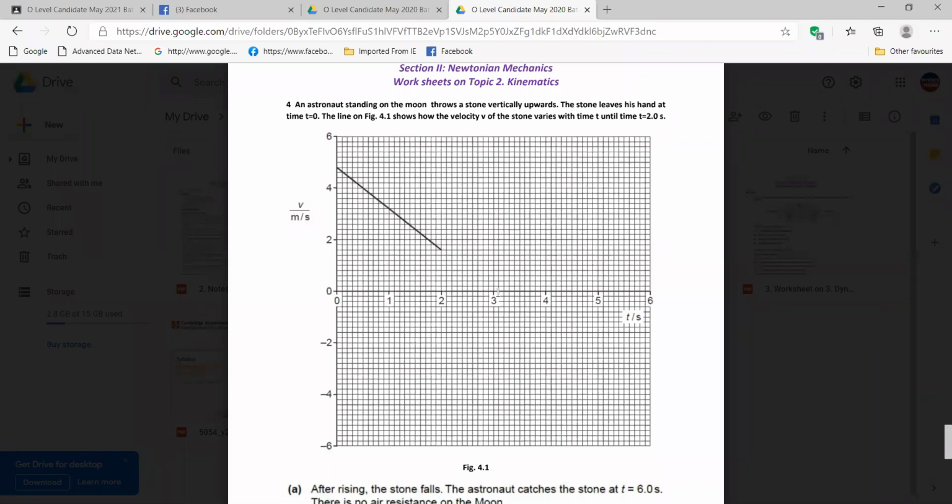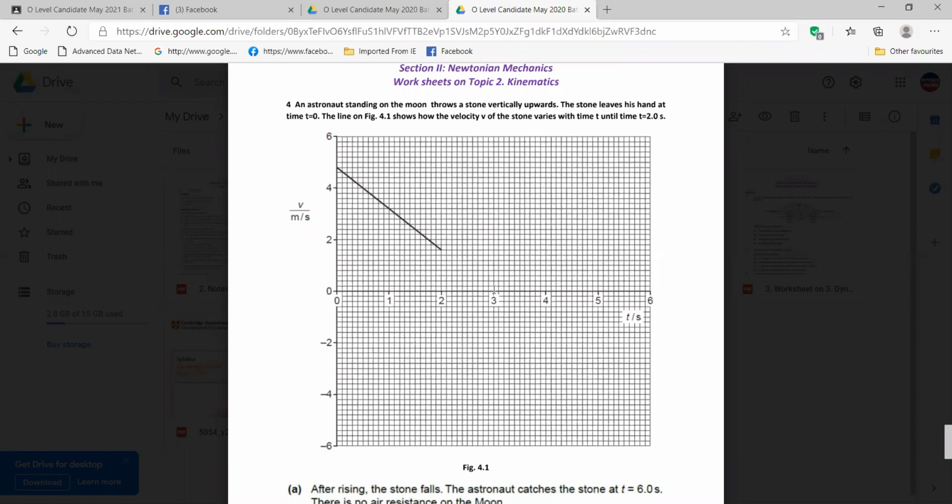From here we understand that in 3 seconds it reaches zero velocity, right? Here the velocity value is zero. So it means it reached maximum height, where the object has stopped, right?